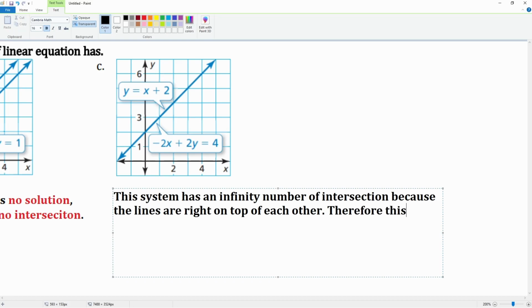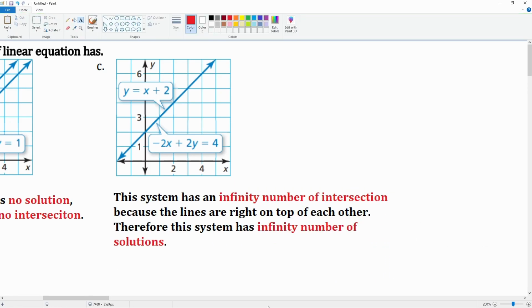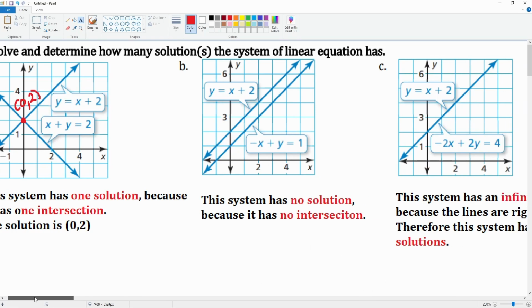Therefore, this system has infinitely many solutions. The fact that it has infinitely many intersections means it has infinitely many solutions. All right, and there you go. That is how you determine how many solutions a system has.